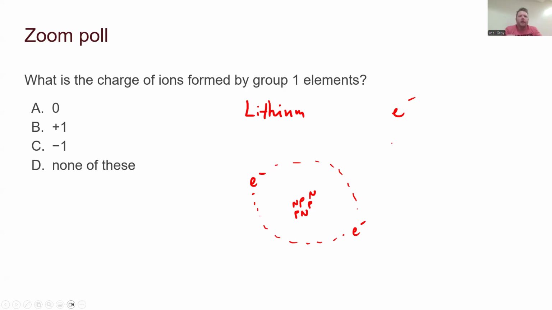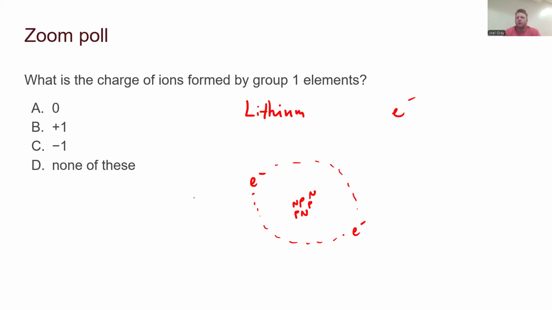I have a tendency to use folksy and cutesy examples, and I was going to use them, but I'm not going to. The way I always like to think about this is your protons have positive charges. They are attracting negative charges.